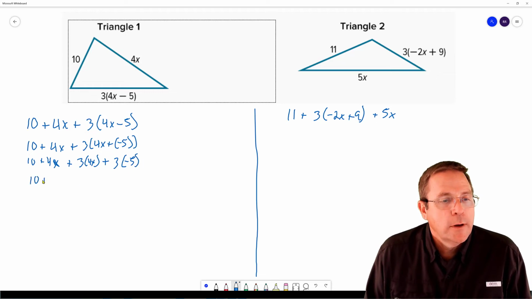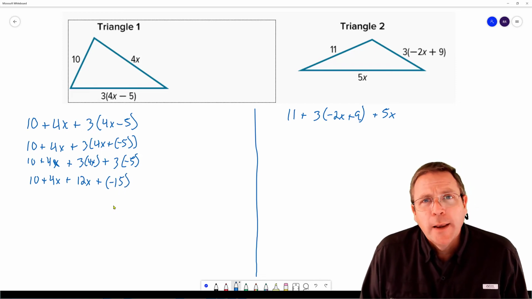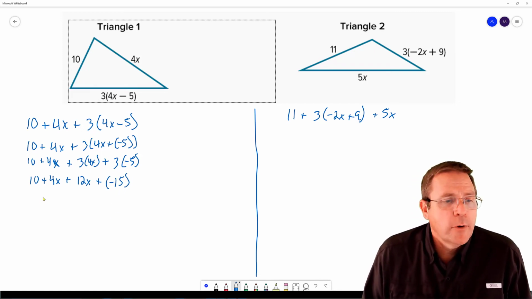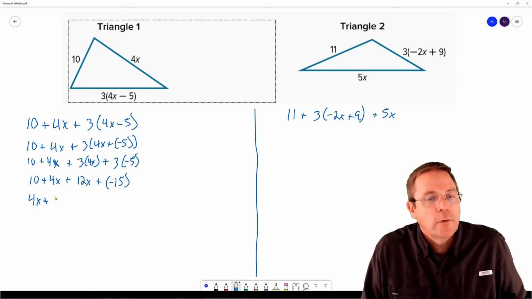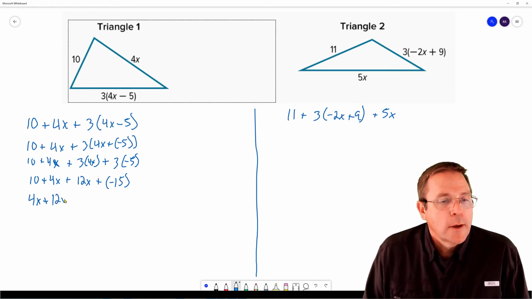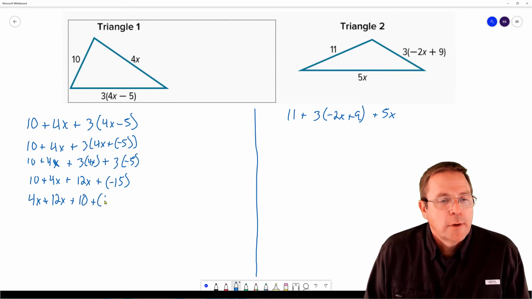From there, 10 plus 4x plus 3 times 4x, that's 12x, plus 3 times a negative 5, that's going to be negative 15. Now I get to use the commutative property to rearrange them: 4x plus 12x plus 10 plus a negative 15.